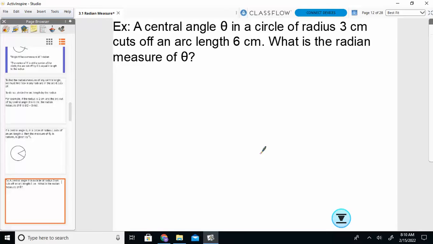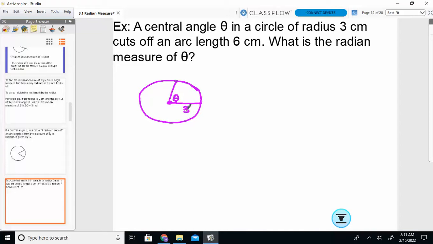a central angle theta in a circle of radius 3 cuts off an arc length 6 centimeters, what is the radian measure of theta? So if you think about theta is in a circle, that's the angle.